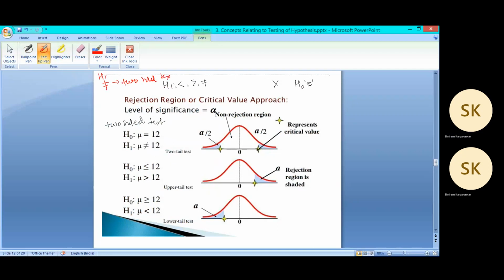When you have a less than or greater than symbol in the H1, you call it a one-sided test. So it is the alternative hypothesis only on which the one-sided or two-sided test depends. Keep this in mind.